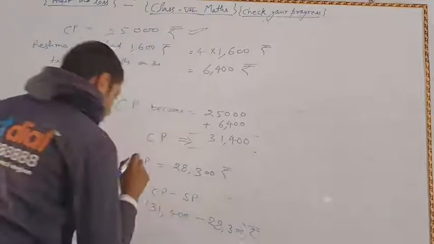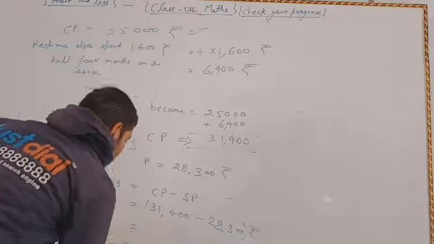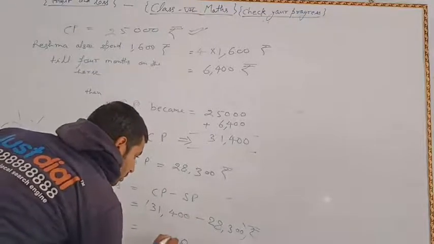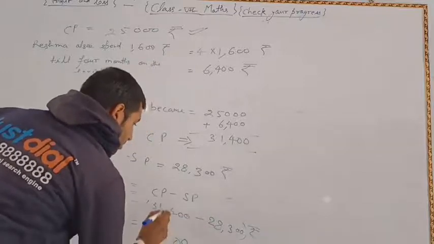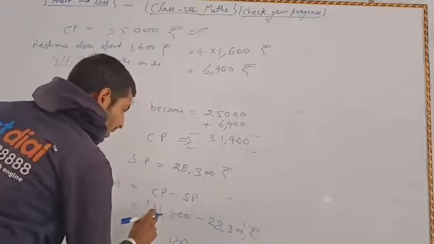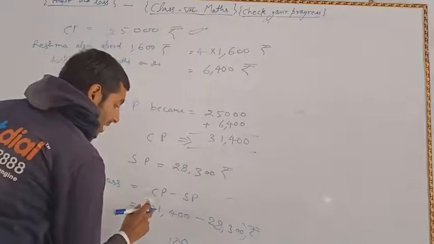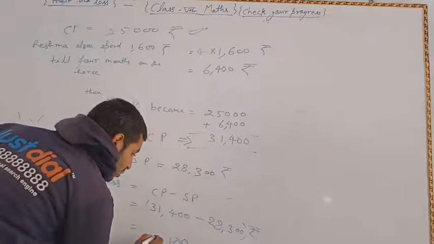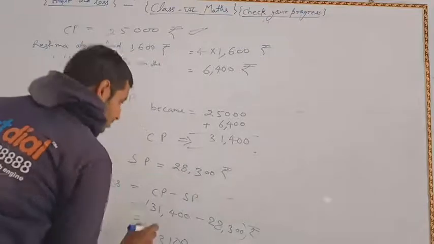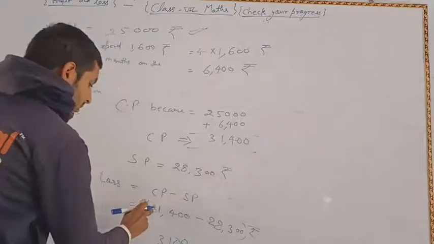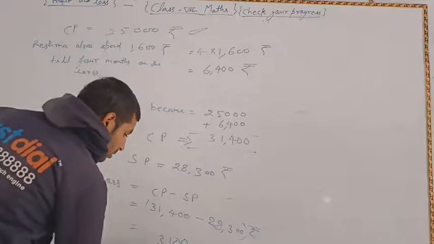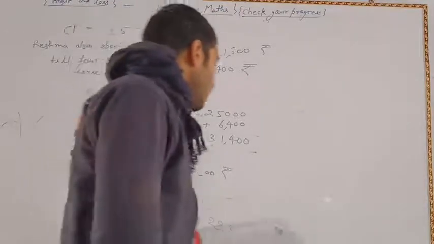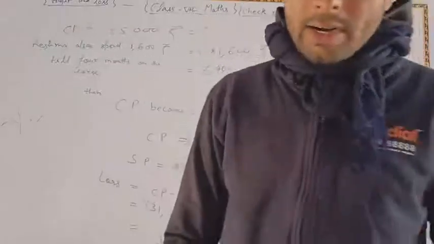Okay, so here you get 0, 0, 4, 3, 1, and also here 11 minus 8, because we carry 1 from here, it became 11 minus 8 is equal to 3, and here remains 2 minus 2 is equal to 0. Then we have 3,100 loss. Okay, we get loss 3,100.